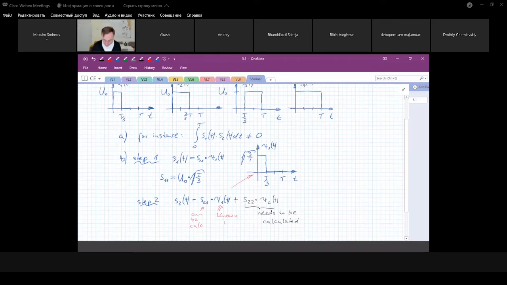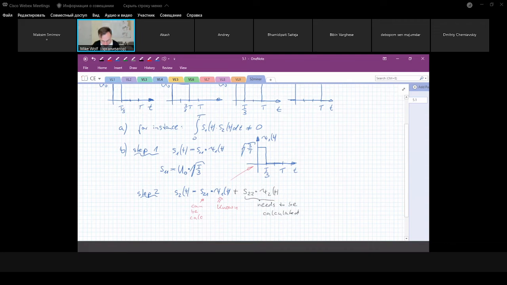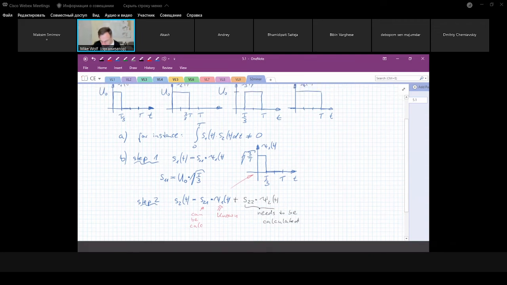So in the first step, this is known. We first calculate this, and then the remaining part, which is required in order to build S2 of t, can be calculated. And then if we ensure this unit energy, we have the second basis function. This is the whole procedure, basically.